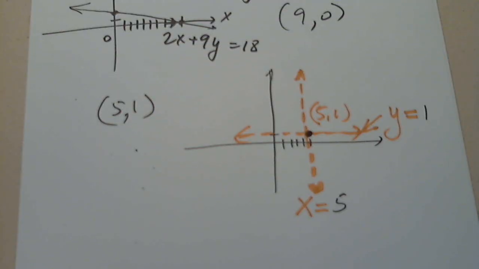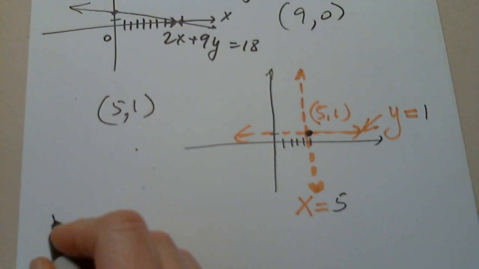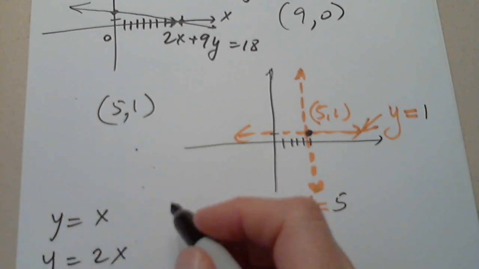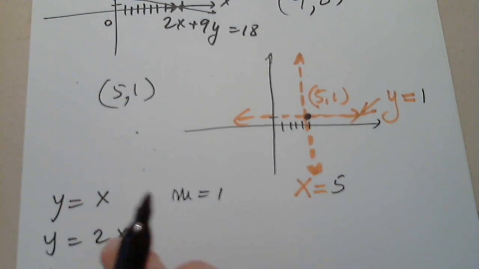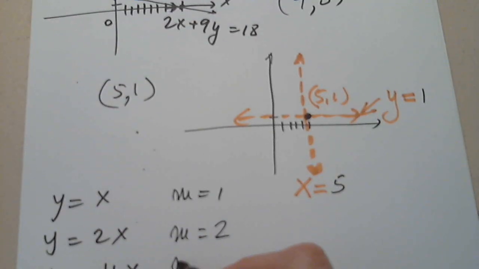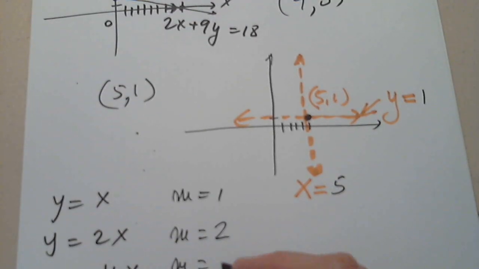The slope of the first line is how much? One? Yes, the coefficient in front of x. The slope of the second line is 2. Yes, and the slope of the last one is 11.